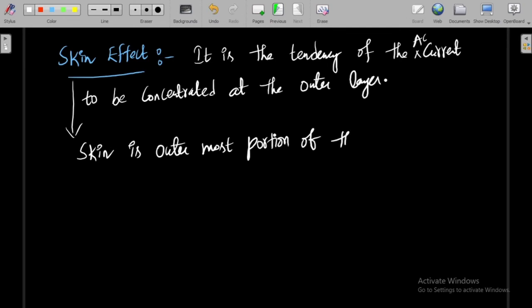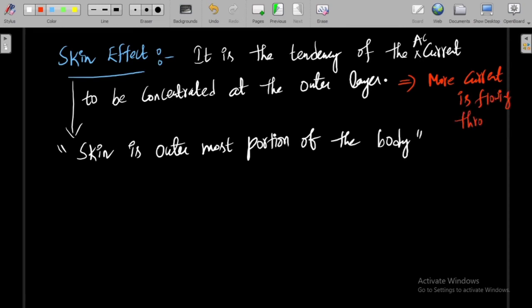We got the name for this effect as skin effect because we have more current, the tendency of the AC current to be concentrated at the outer layer, means more current is flowing through the outer layers, and only a less amount of current is flowing through the inner layers. Why is it happening? Because of AC nature.